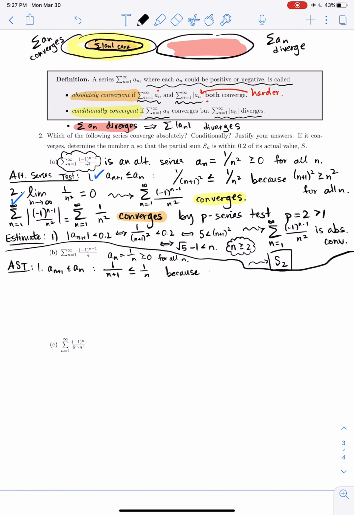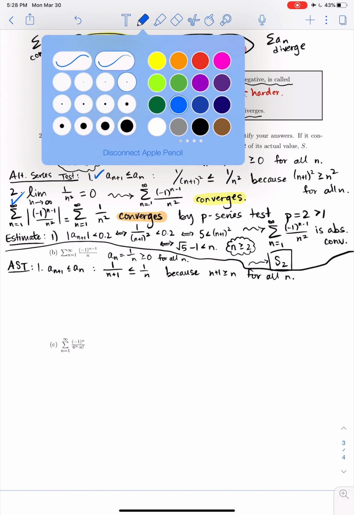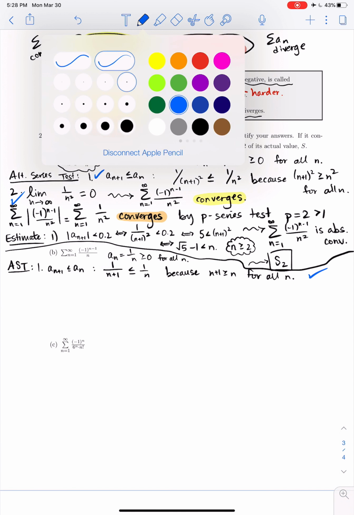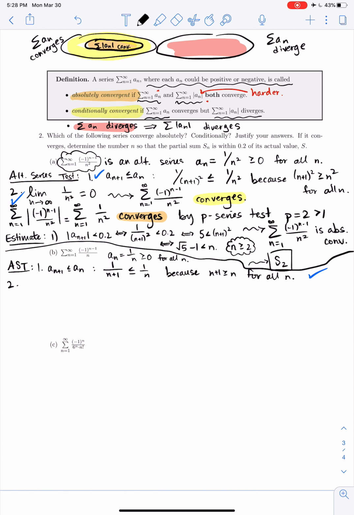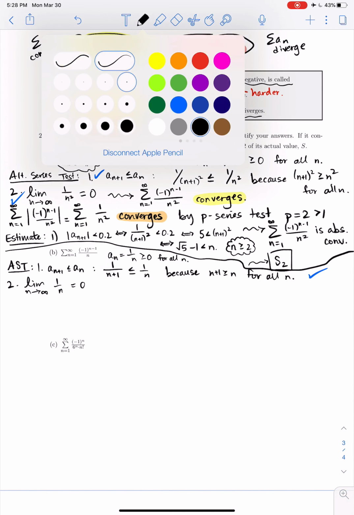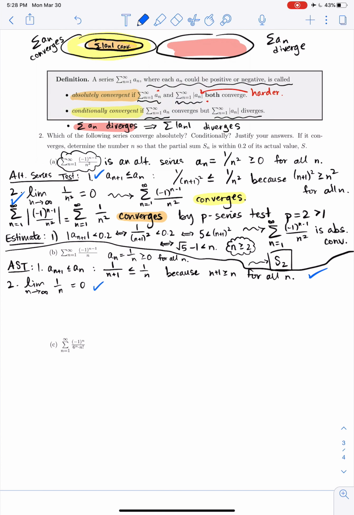That's because the denominator n plus 1 is bigger than or equal to the denominator n for all n. Great. So that condition of the alternating series test checks out. The second thing we need to check is that the limit as n goes to infinity of our base sequence is 0. It is. Great. So that means that the alternating series test applies and our series converges.